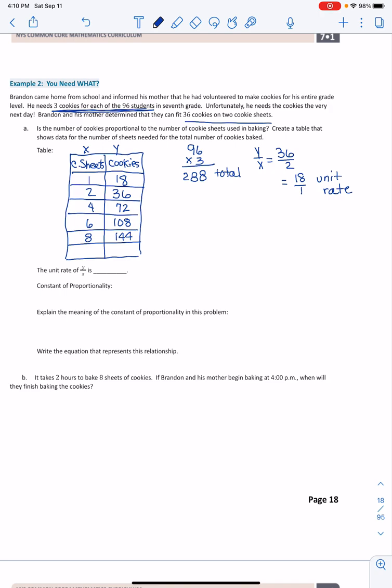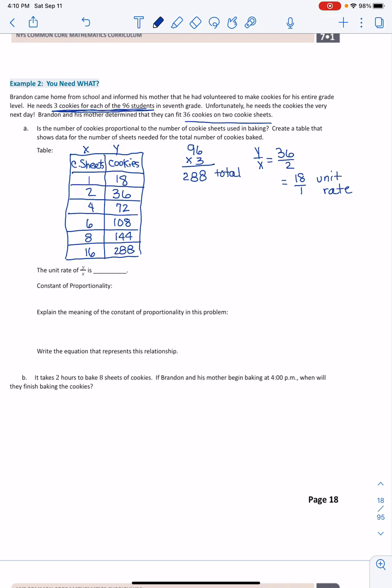And if I double 144, I get 288, which is how many cookies I need. So if I multiply the 8 by 2, I get 16. So 16 cookie sheets would give me 288 cookies.